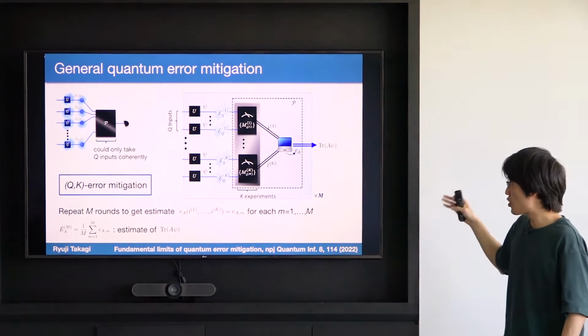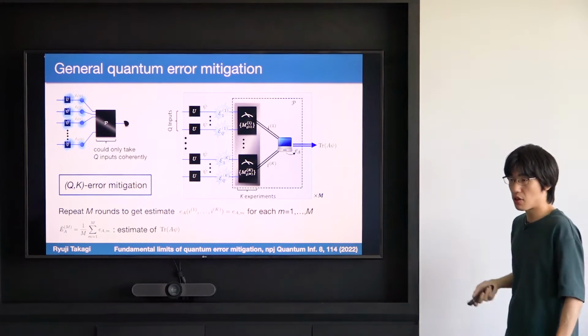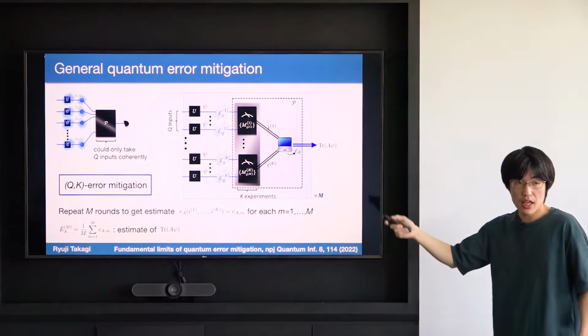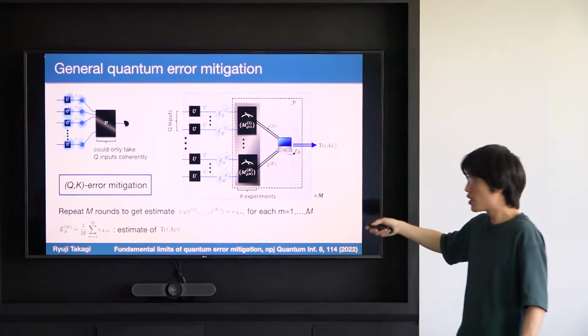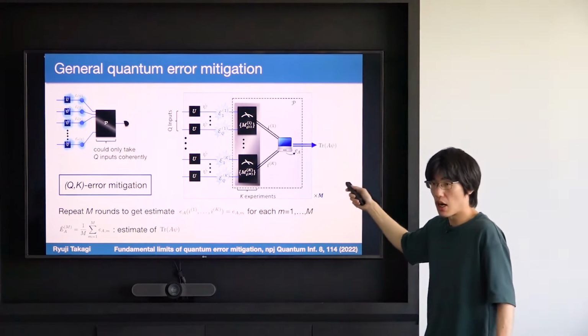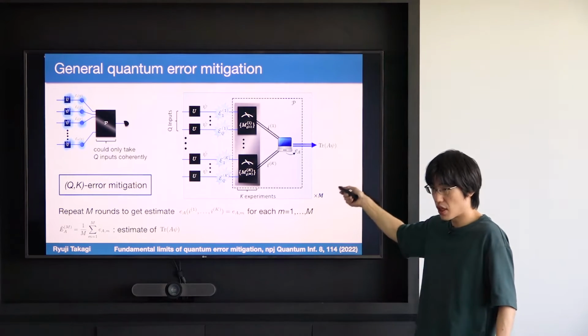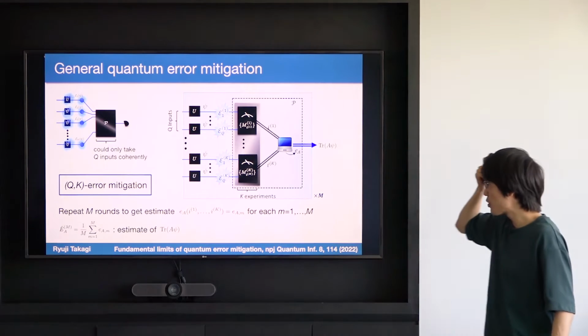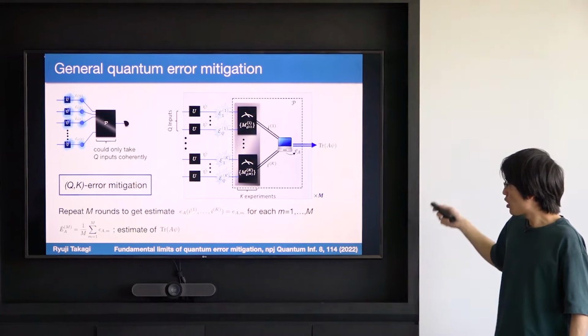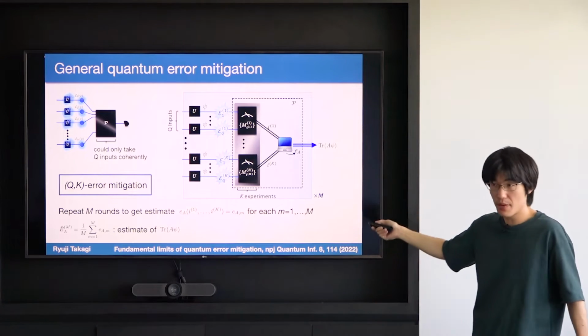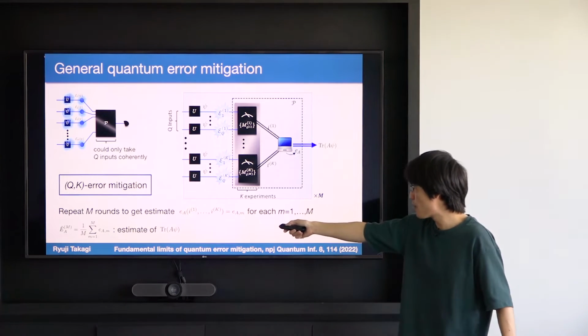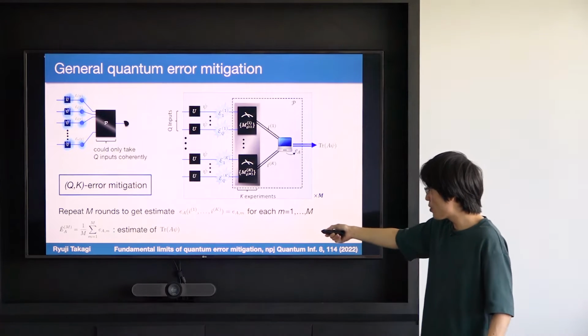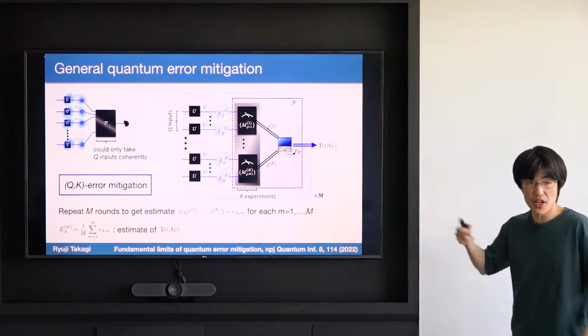Then I apply some classical computation on top of it and declare a single-shot estimate that corresponds to the expectation value. Then I repeat this m times, collect the samples from 1 to m, and take the average over that.